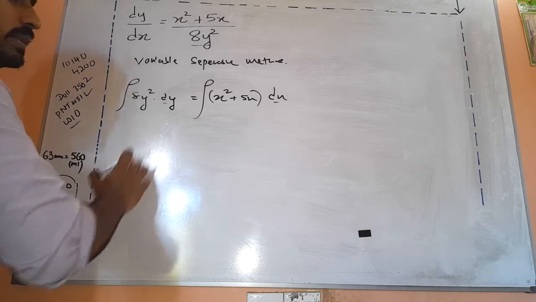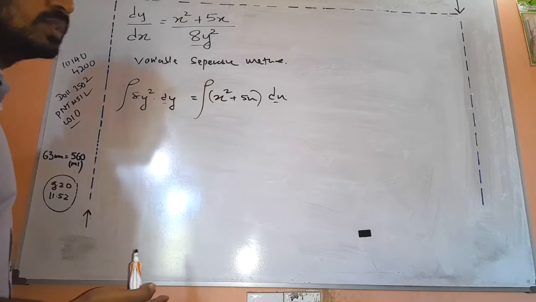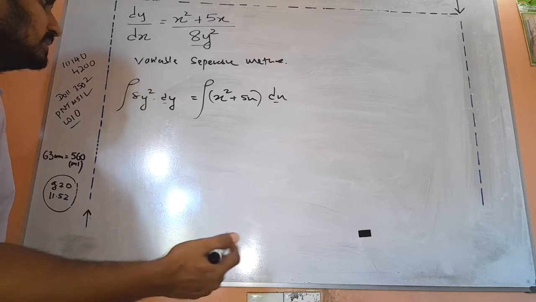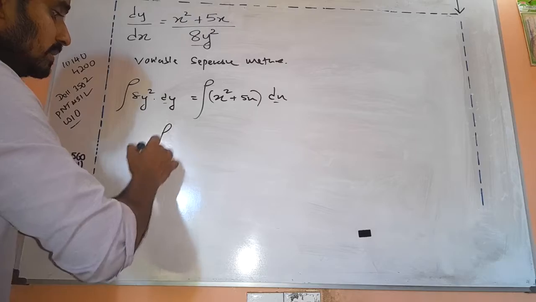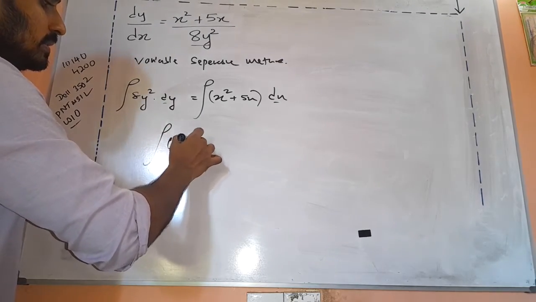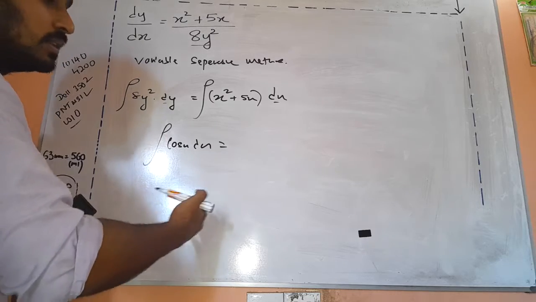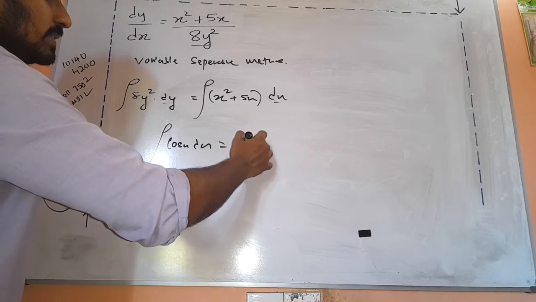Even in integration there are lots of formulas, right? There is not only one specific formula. For example, if you have to integrate cos x dx, this is a trigonometric integration and the answer is sin x.